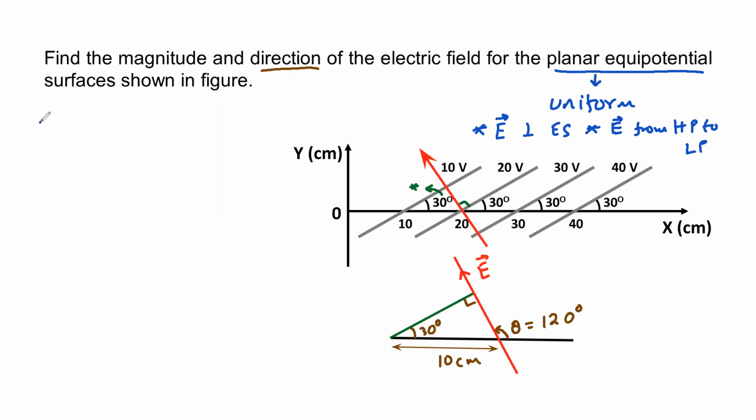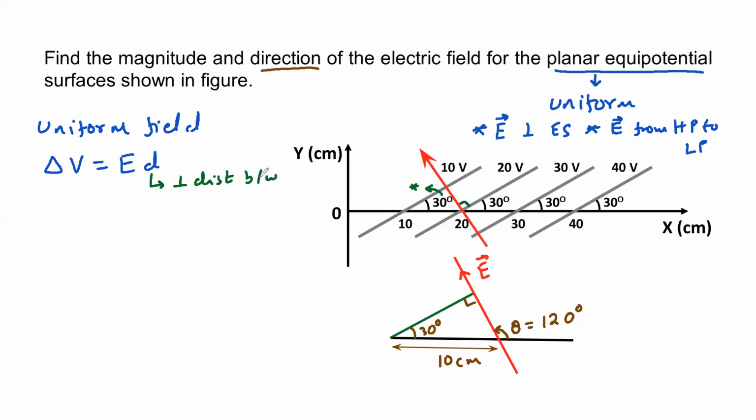In a uniform field, delta V is equal to E D. Now, what is E? E is the magnitude of electric field, and D is the perpendicular distance.